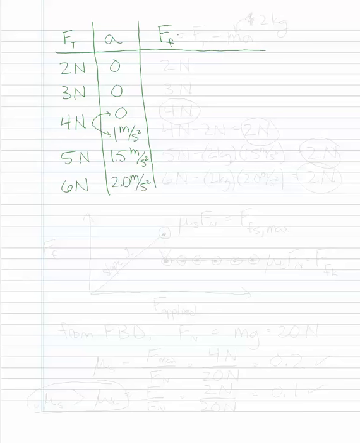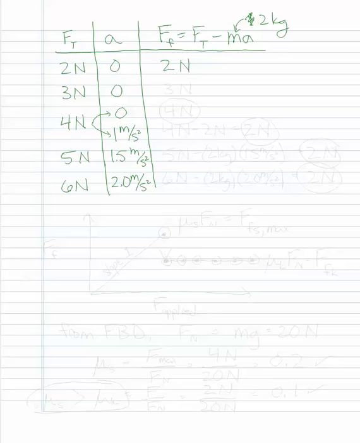Okay, so the force of friction is going to be the force of tension minus MA, where M is 2 kilograms. So when acceleration is 0, the friction force is just the force of tension.